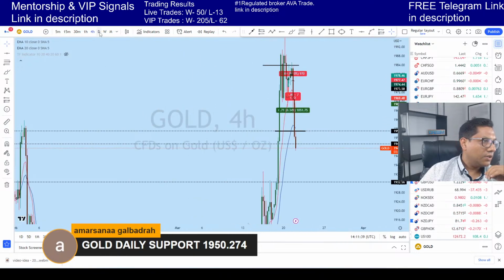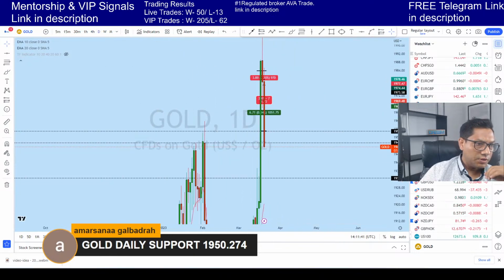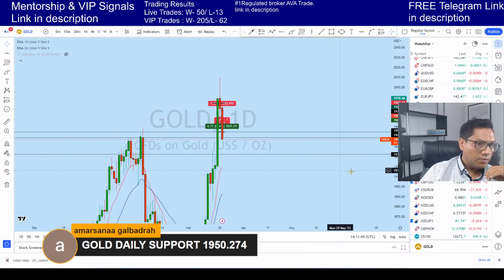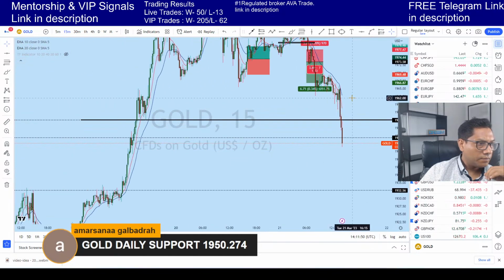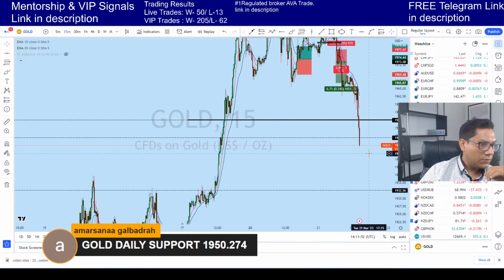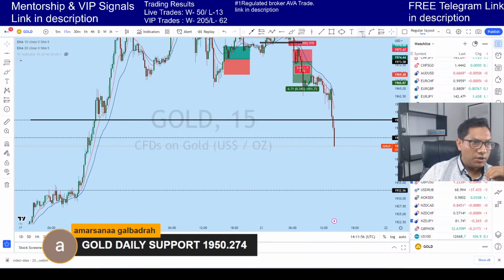Okay, so we see the nearest level of previous. There is another support here, which is 1943.